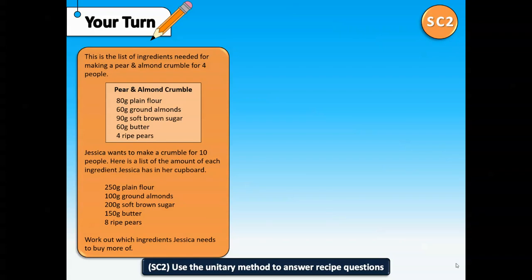For the amber question, we need to work out which ingredients Jessica needs to buy more of. So she wants to make crumble for 10 people. So that's 2 4s and a 2. So to make crumble for 2 people, we half all the ingredients.